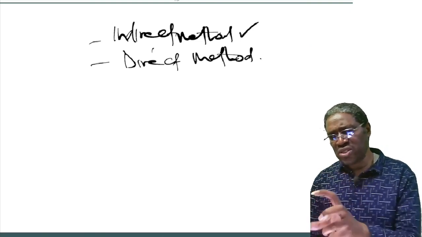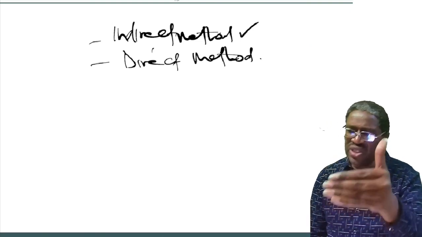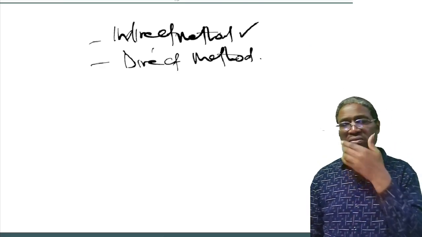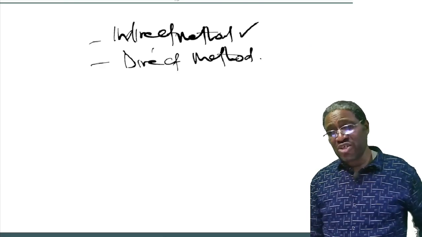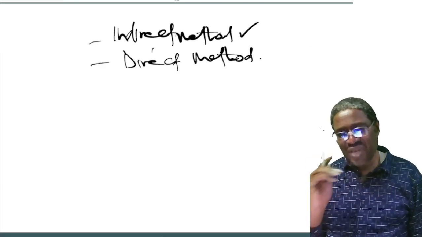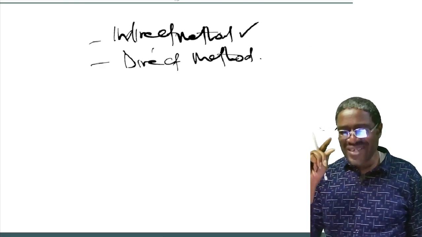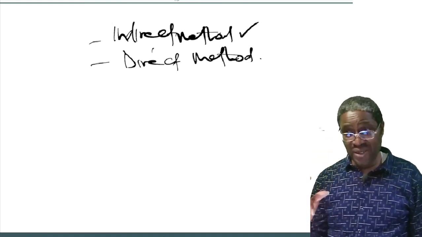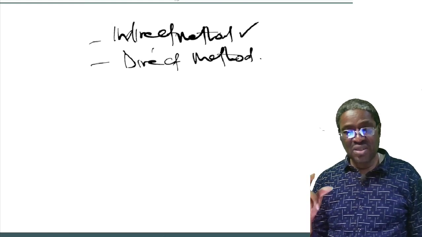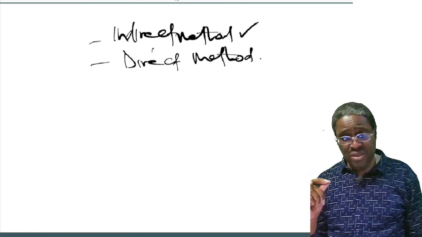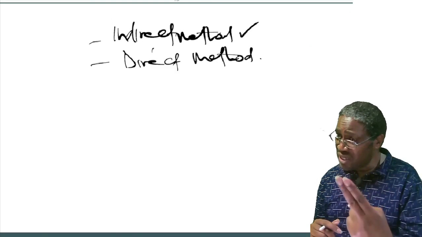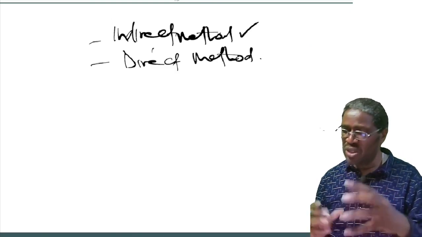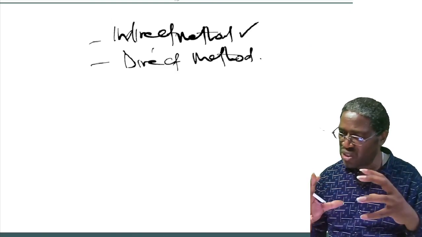So the question is this: what's the difference between the two methods as much as cash flow preparation is concerned? The difference between the two methods comes in on the presentation of the section called operating. Otherwise, for the investing section and the financing section of the cash flow, it does not matter which method you are using.